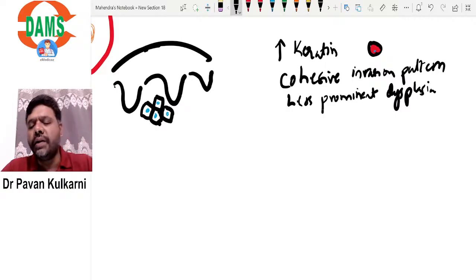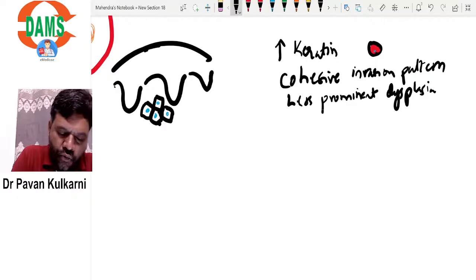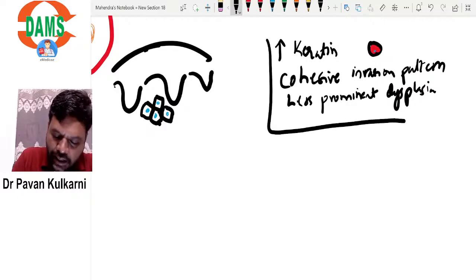So please remember all these three very important points about well differentiated squamous cell carcinoma.